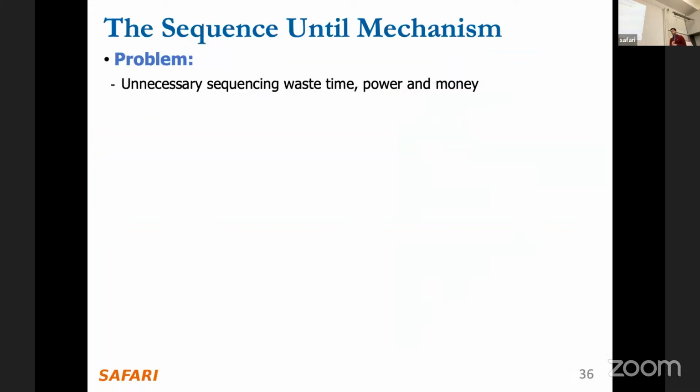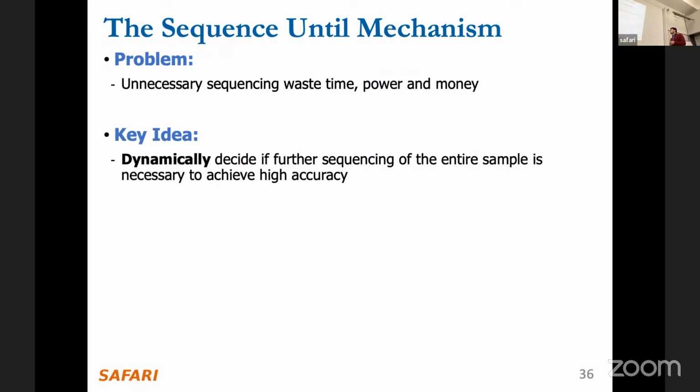I'll very quickly cover the second contribution in RawHash, which is the sequence until mechanism. It is a slightly different approach, but they nicely merge together. The problem we're covering in sequence until is that unnecessary sequencing wastes time, money, power, and so on, and we want to avoid this, right? What we want is to dynamically decide while sequencing if further sequencing of the entire DNA sample is necessary to achieve high accuracy.